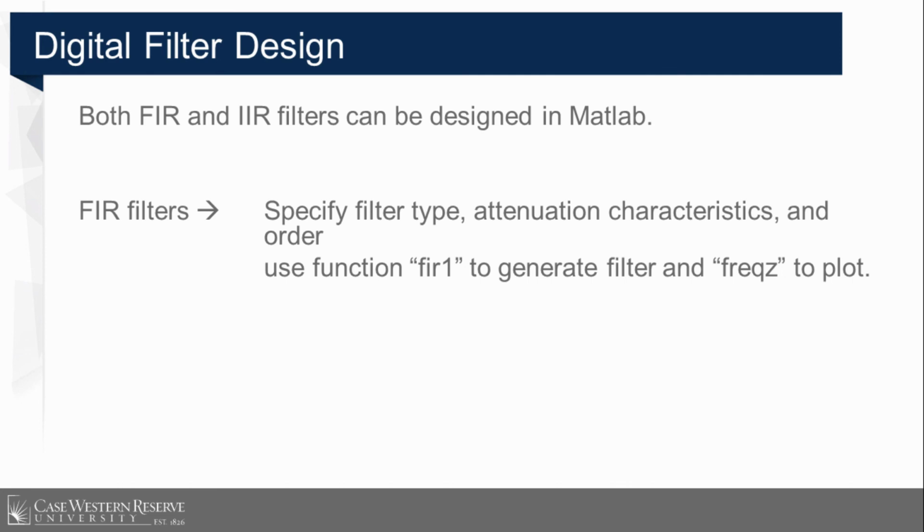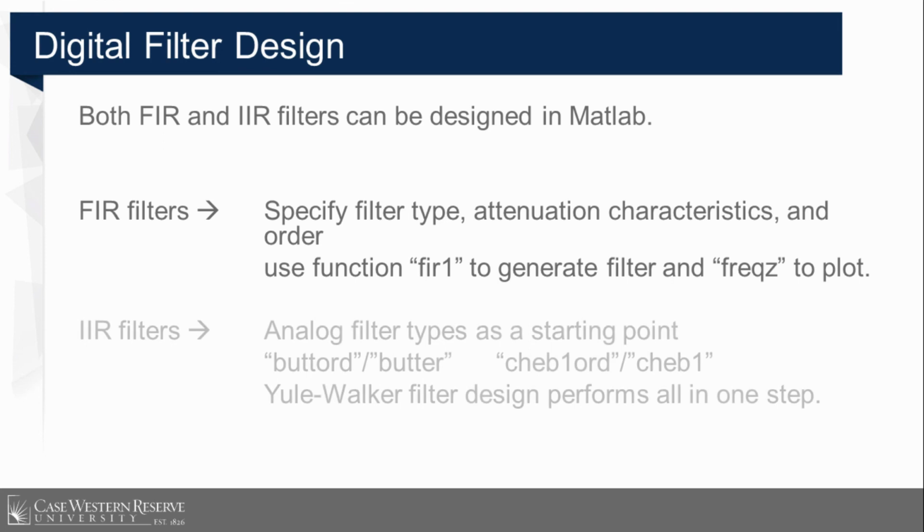When I'm designing an FIR filter, I start with a lower order filter, see how good I can make it, and then I can increase the filter order if I need to. First we use the function FIR1 in MATLAB to generate our filter, and then we can use the function freqz to plot what this filter actually looks like.